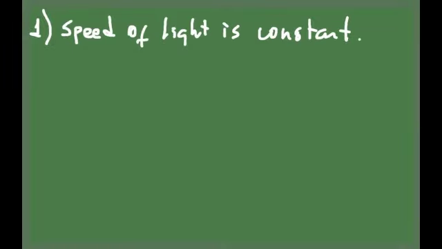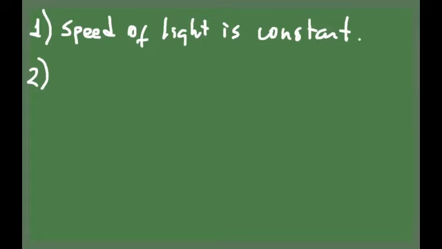It's a law of nature that for all observers, no matter how fast they're moving, the speed of light is always the same value, 3 times 10 to the 8 meters per second. So that was his first idea: take the result of the experiments at face value.